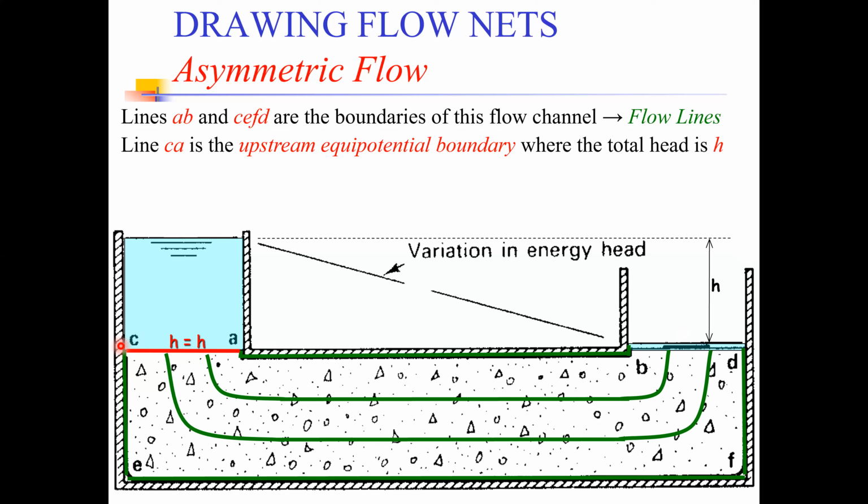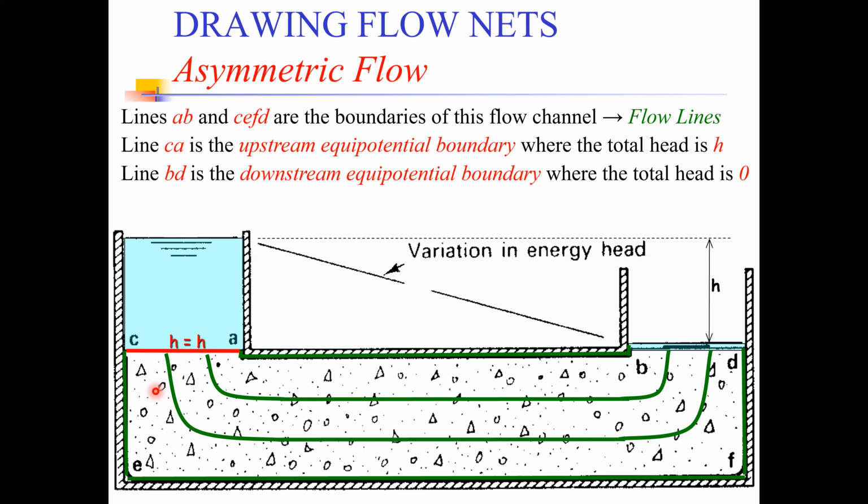In the same way, we have this second line BD as our second permeable boundary. And then what we can do is draw multiple equipotential lines in this zone while maintaining a 90-degree or a near 90-degree angle with the flow lines.